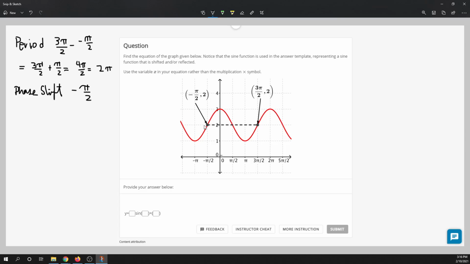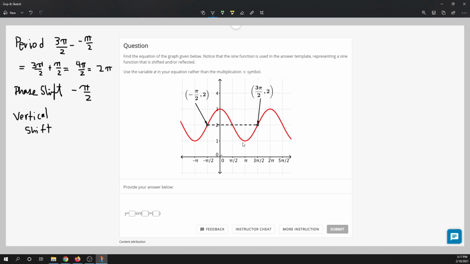All right, so next up what we need is the amplitude and the vertical shift. Let's go with the vertical shift first. Remember, that's also the midline. When we look at the graph, we can see that these points up here at the top, the maximum values, are at the y value of 3.